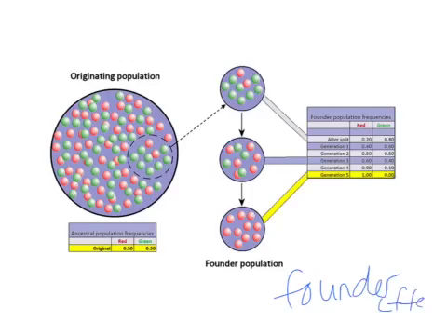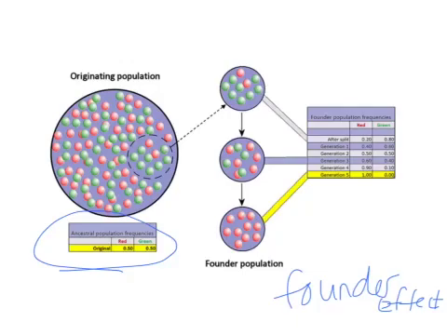Another example of genetic drift is what's called the founder effect. Again, this is a change in the allele frequency, and it's going to be due to random chance. With the founder effect, basically you have a founding population. You have a small population that is formed, and it's going to have different allele frequencies than the original. So for instance, here, my original population was about half and half, red and green.